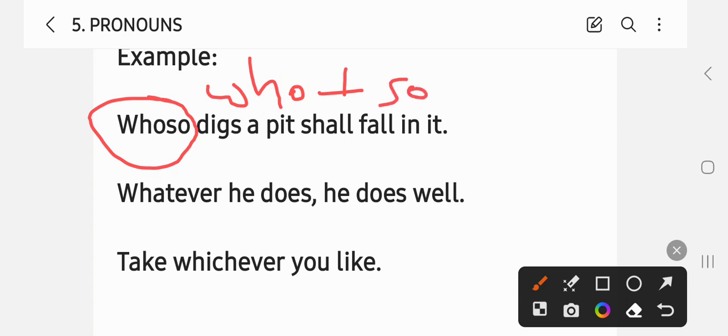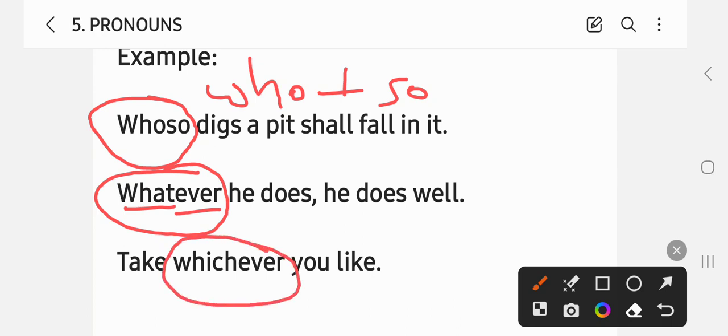The next one, whatever he does well. Here again, whatever is a compound relative pronoun. Two relative pronouns have been joined, what and ever, which becomes whatever. Take whichever you like. Whichever is a compound relative pronoun, again joined with the two relative pronouns which and ever.